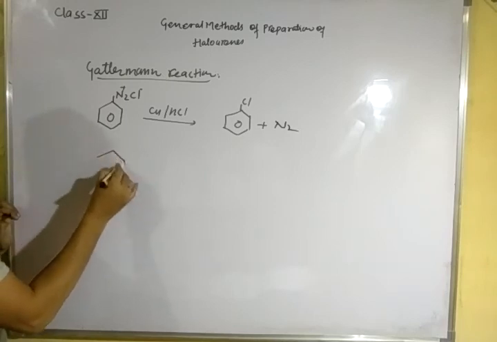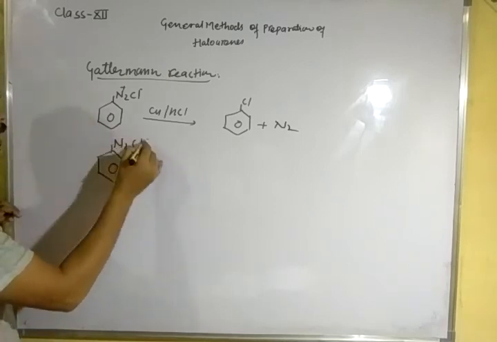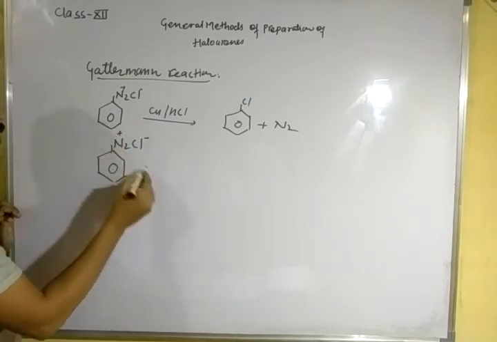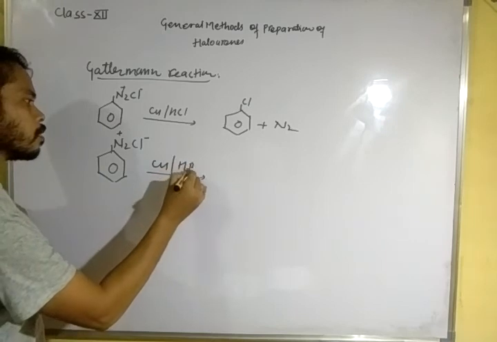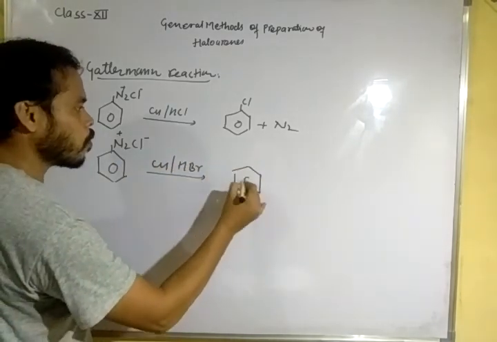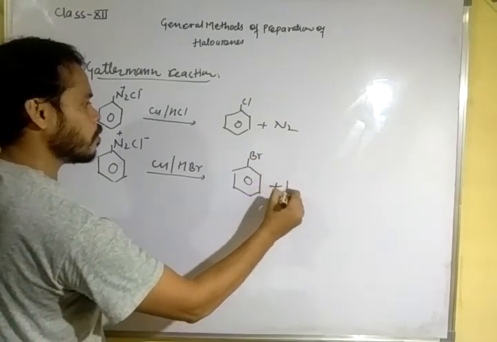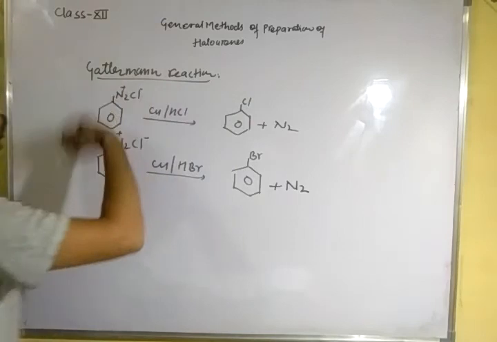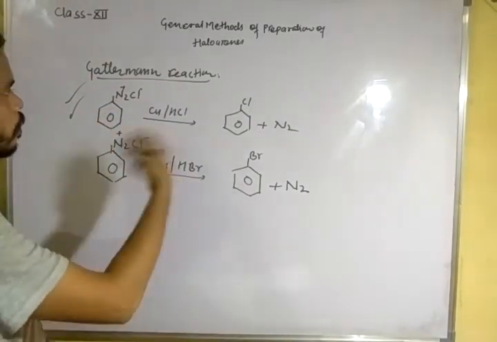and benzene diazonium chloride is treated with copper powder with HBr to form bromobenzene, with the elimination of nitrogen gas. This reaction is known as Gattermann reaction. This is the modified reaction.